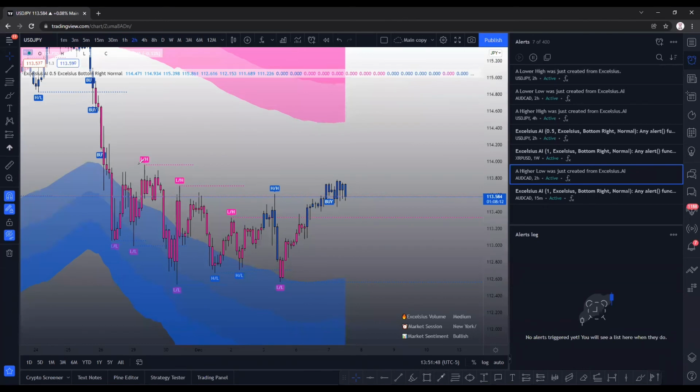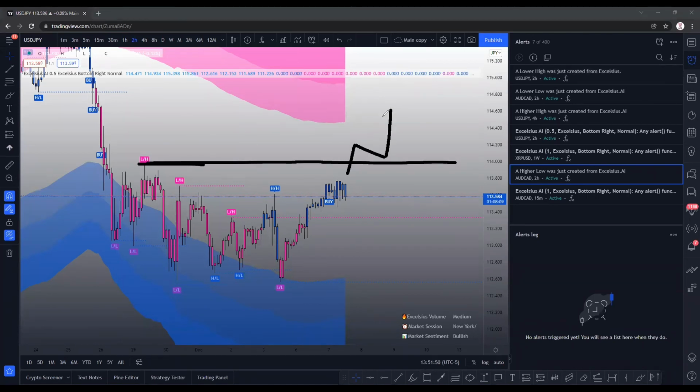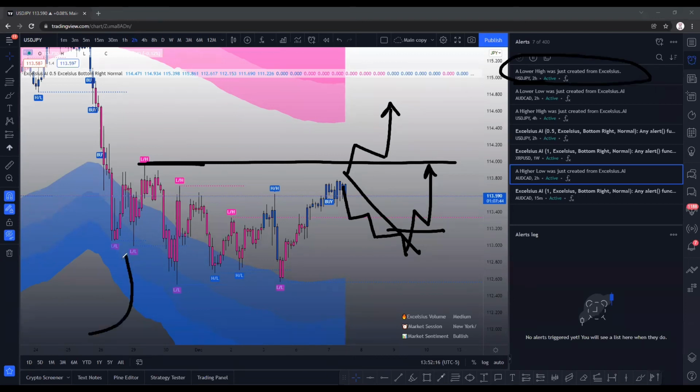This higher high alert is successful by breaking above, which also goes in line with the daily's buy, or you also put a lower high to be developed by Excelsius, which would mean that further structure would develop, which would allow for you to take those buy opportunities as well. The possibilities are genuinely endless in context to the customization. It's completely up to the individual. Be mindful with what Excelsius is showing you and use the data accordingly.